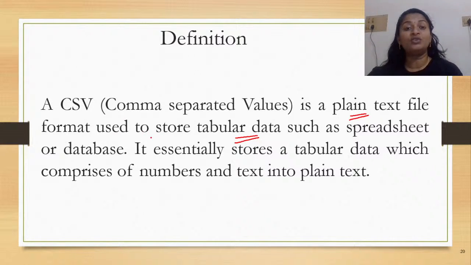If you have to store tabular data like that, in a spreadsheet or in a database, you actually get the help of CSV files. Is the idea clear? It essentially stores tabular data which comprises numbers and text.